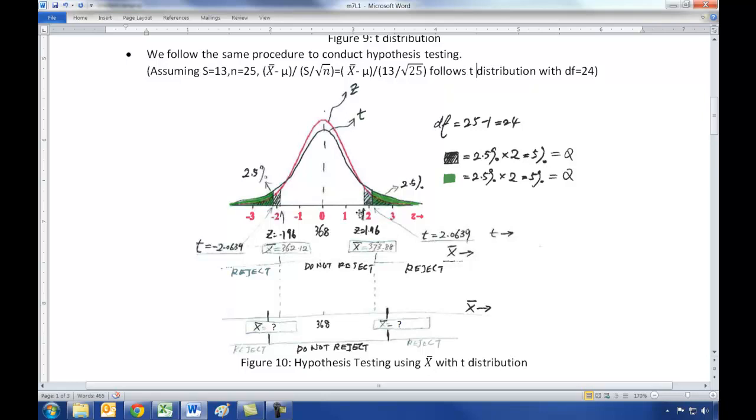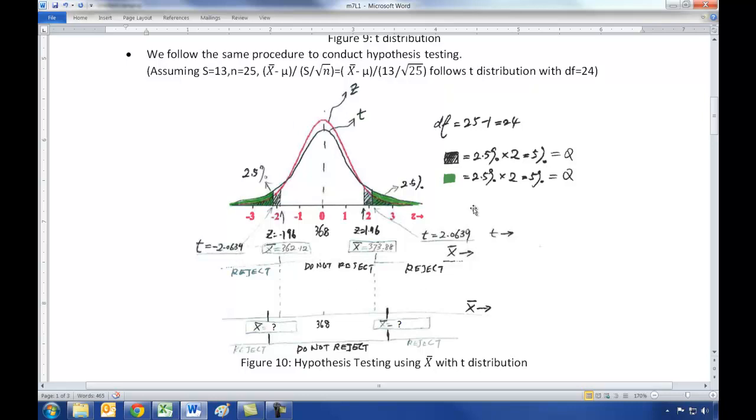The only difference is, again, just to use the degree of freedom to find the correct distribution. And by consulting the T distribution table at the back of the textbook, you should be able to identify the critical values the same way we did before.